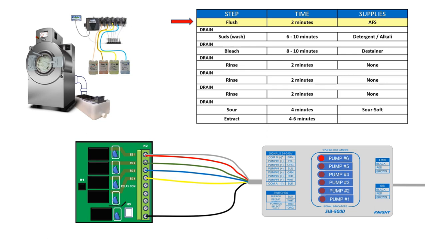This will communicate with the dispenser and tell it what formula it needs to change to. At the end of the flush step, the washer will drain. Drains generally last anywhere from 30 seconds to a minute.